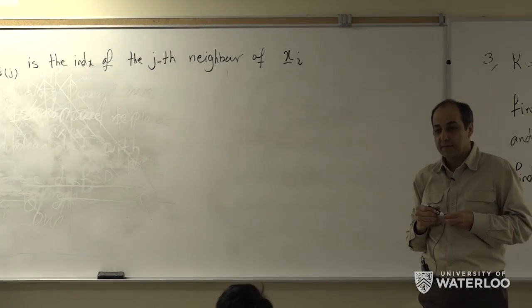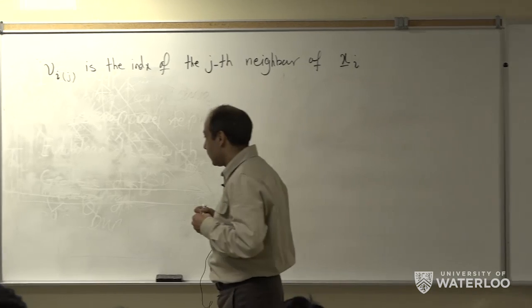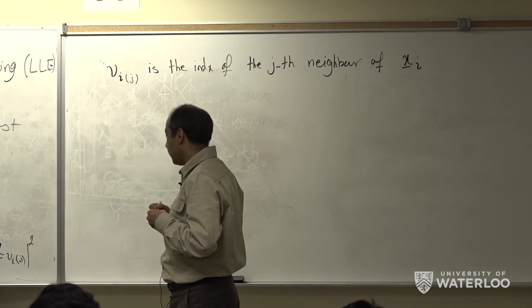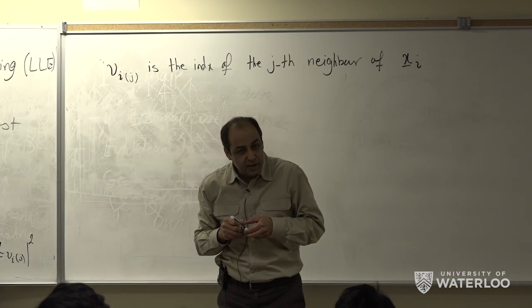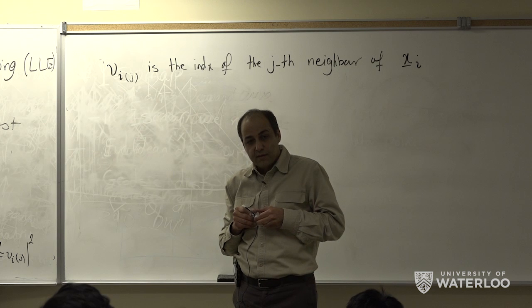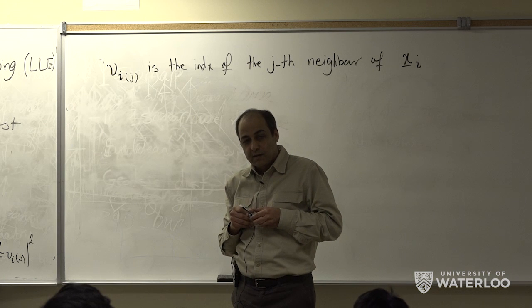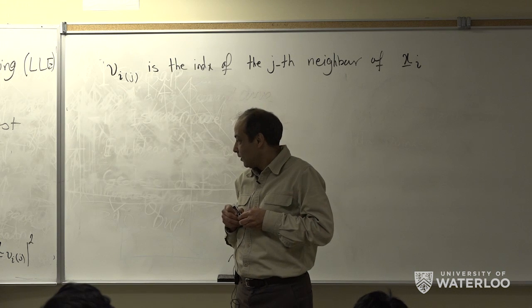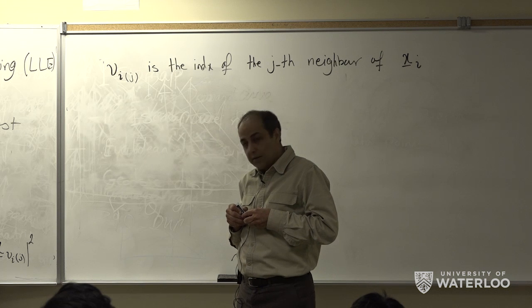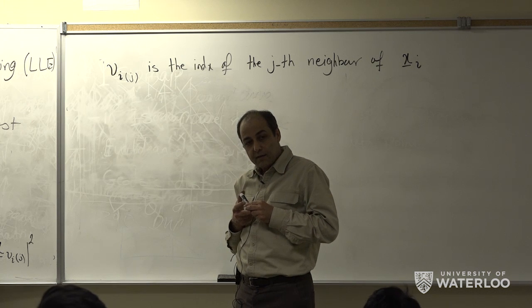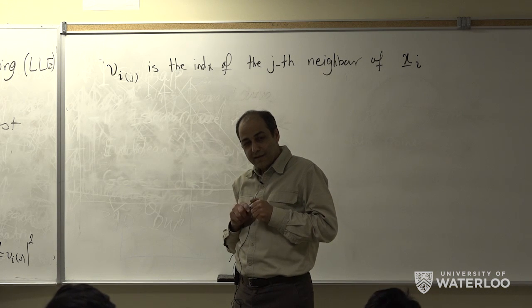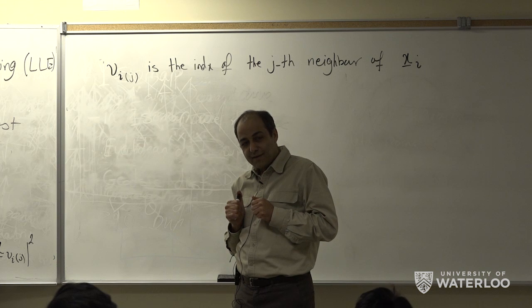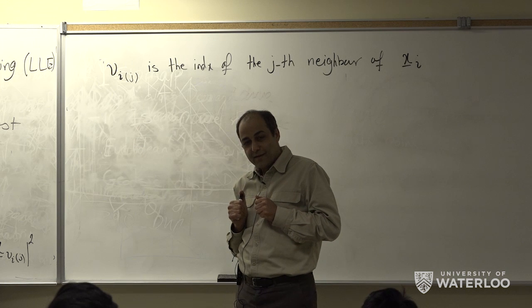Sorry, that Wij is supposed to be W_i,V_ij. The Wi and the J should be the index of the neighbor of X, right? So it's not actually Wij. Why not? Because it's supposed to be Wi, the subscript i at j, right?